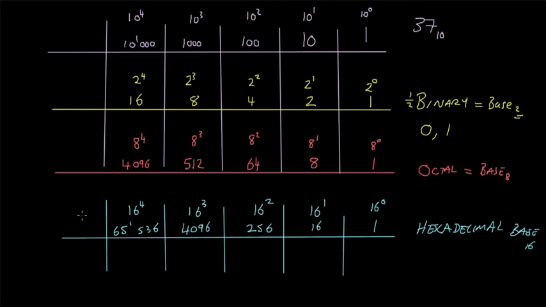Each time you go left the column's worth 16 times more, and each time you go right you divide by 16, it's worth 16 times less.